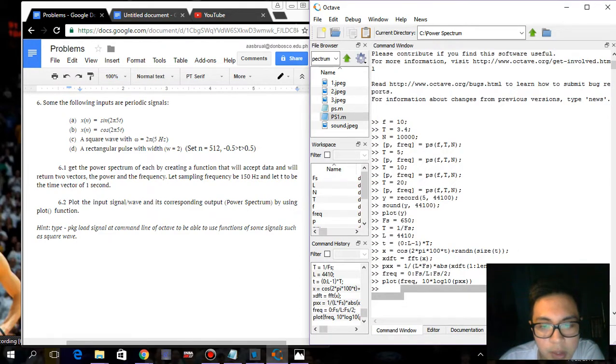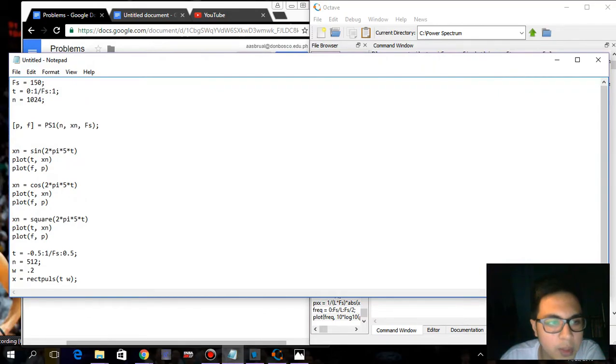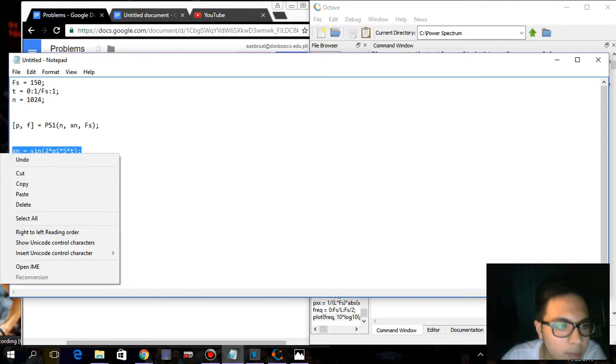So first, we are to get, and second rather, we are to get the input wave and the corresponding output by using the plot function. First one is the sine wave. I've prepared it already. Sine wave.